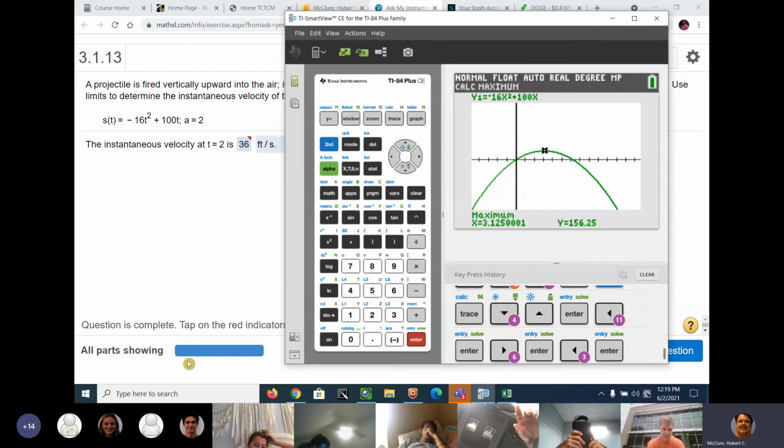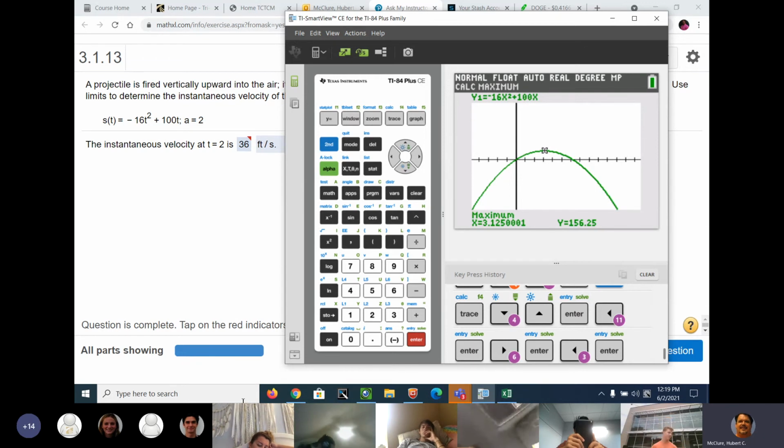So we've got the vertex is 3 at 3.125 seconds. 3.125 seconds. The projectile is 156.25 feet or distance in the air.